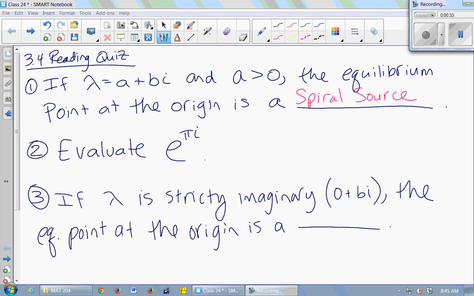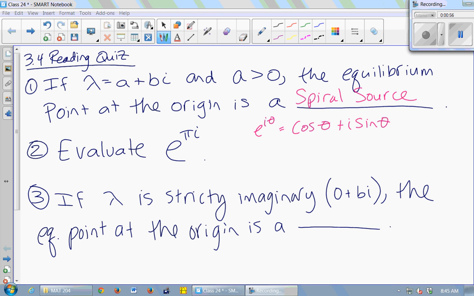Okay, e to the i pi, or e to the pi i. We can use Euler's formula. Remember that from pre-calc? It says that e to the i theta is equal to cosine theta plus i sine theta. From what I understand, engineers use this formula a lot. Is that true? No? Okay.